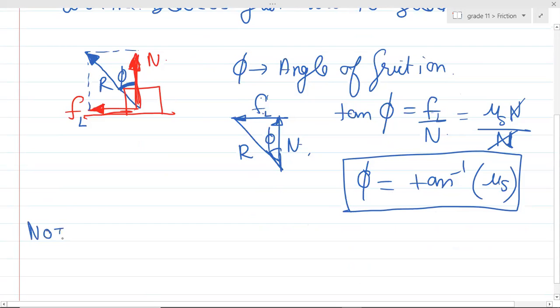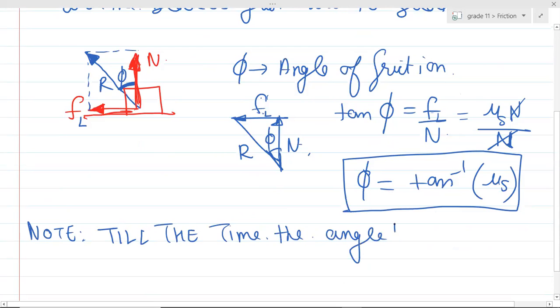So note, till the time the angle between the friction, I'm not talking about limiting friction, okay?